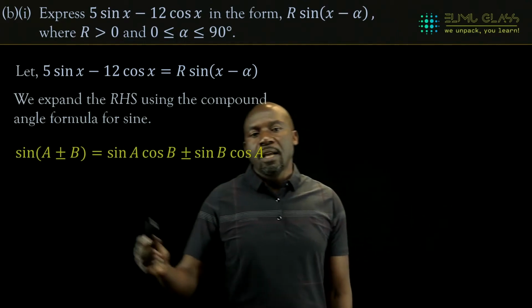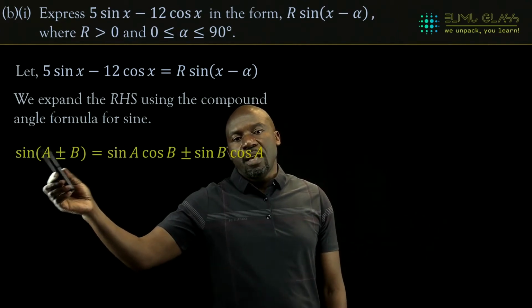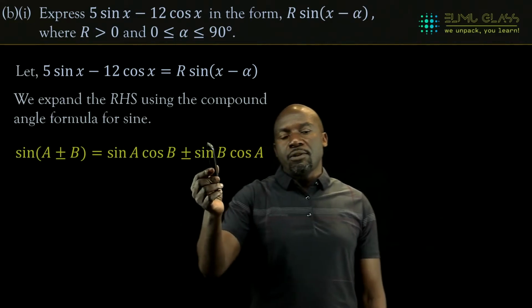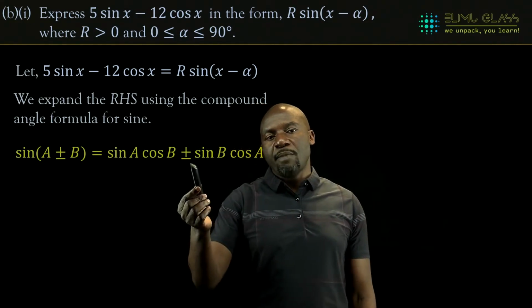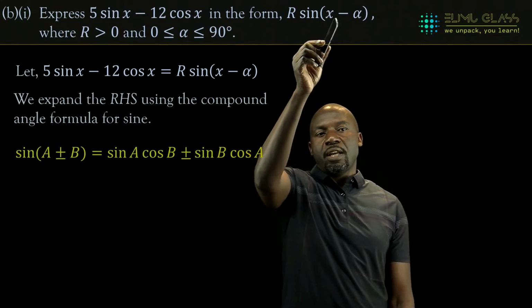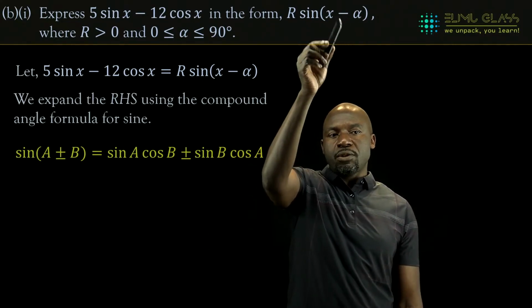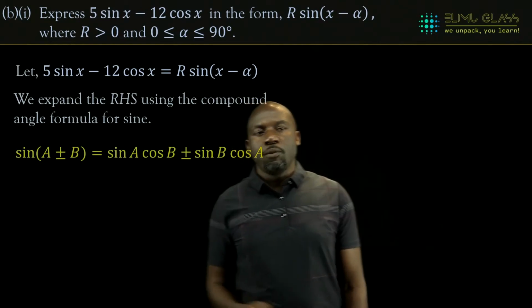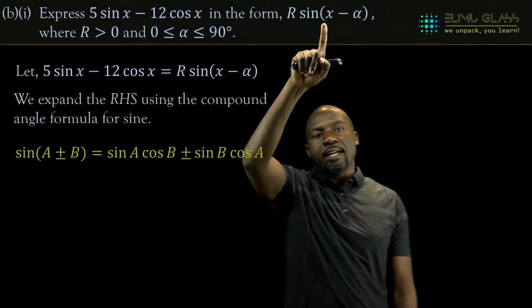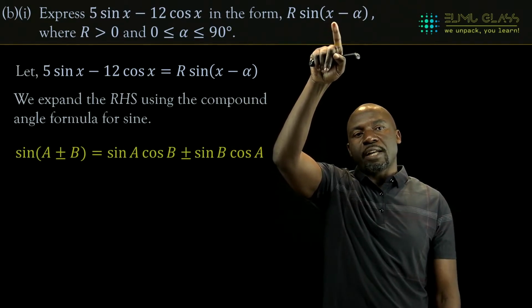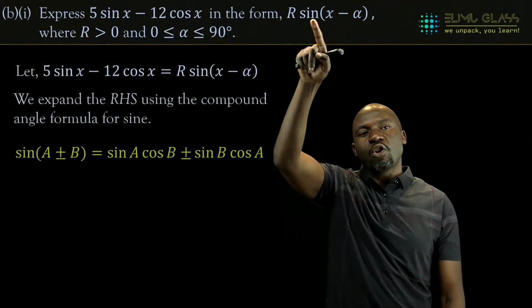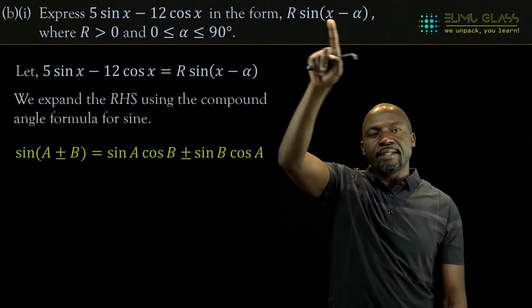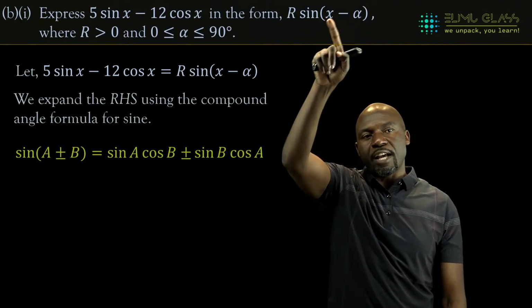So that is to say that if we are given A plus B, then this side is also going to be plus, and if this is minus, then this side is also going to be minus. So in our case, we have A minus B. So we are going to use the lower case, which is to say that sine of x minus alpha is going to be sine x cos alpha minus sine alpha cosine x.